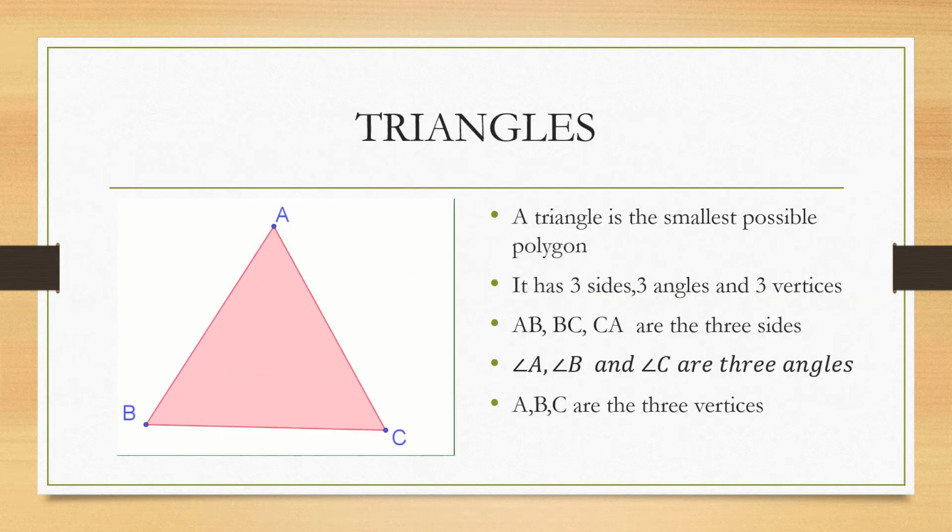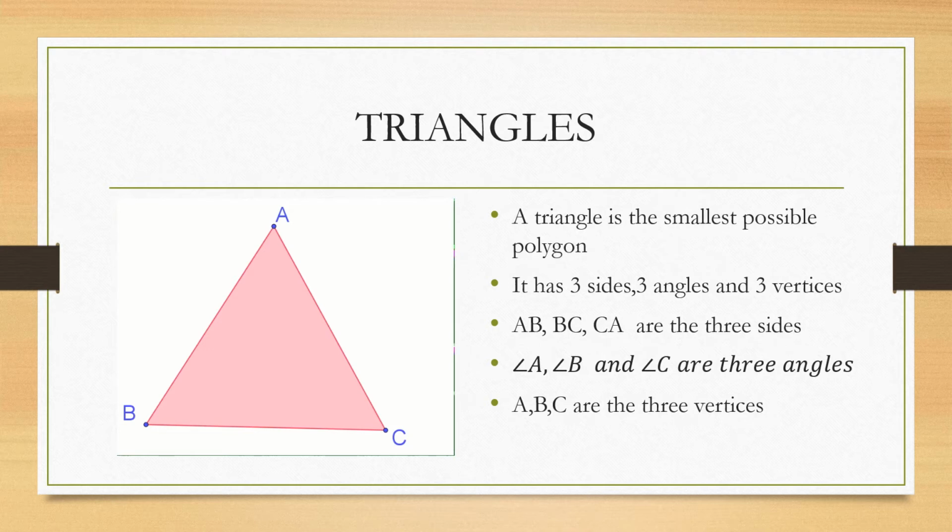A triangle is the smallest possible polygon. In this figure, ABC is a triangle and it is made up of three sides. It has three angles, and we also say that a triangle has three vertices.